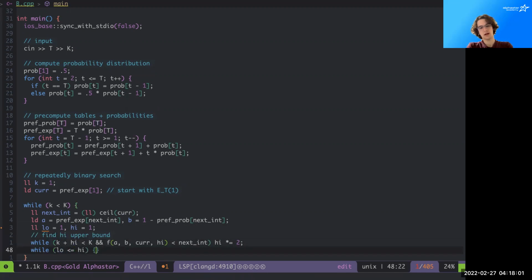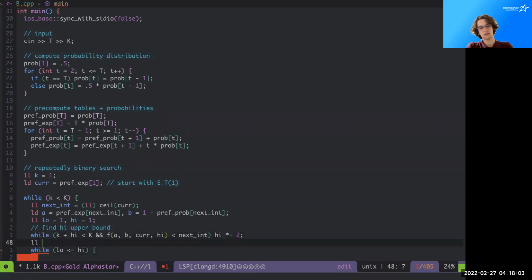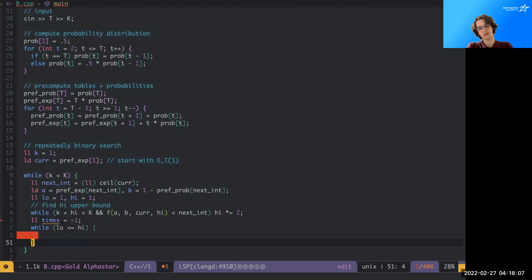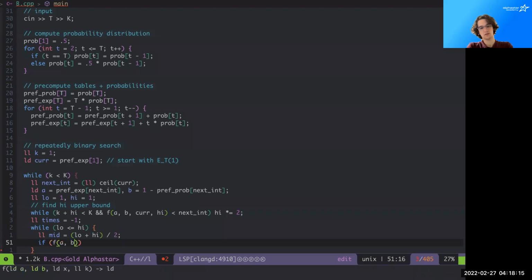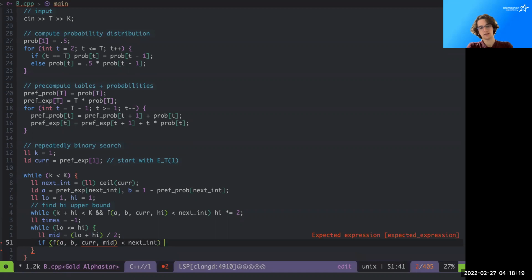Well, low is high. How many times should we skip? Binary search. If mid is less than the extent, low equals mid plus 1.